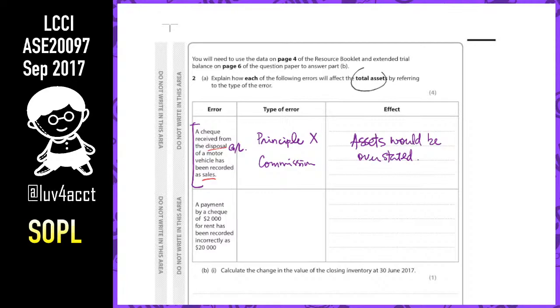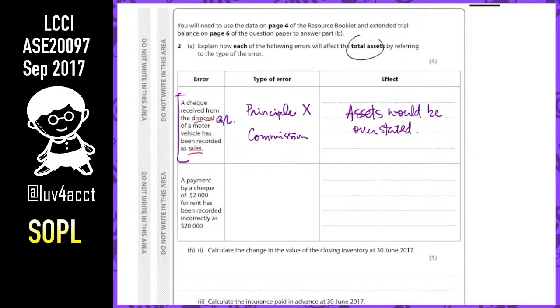Yes. Next one. A payment by cheque of 2,000 for rent has been recorded incorrectly as 20,000. So when you record this as 20,000, that would be an error of original entry, because you put it into the cash book and it is incorrect.